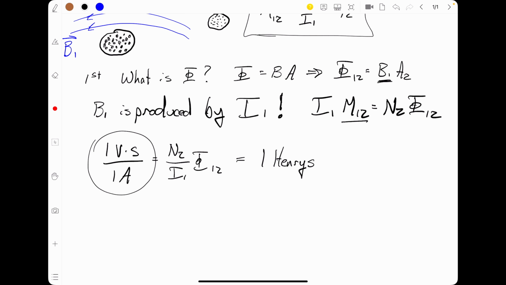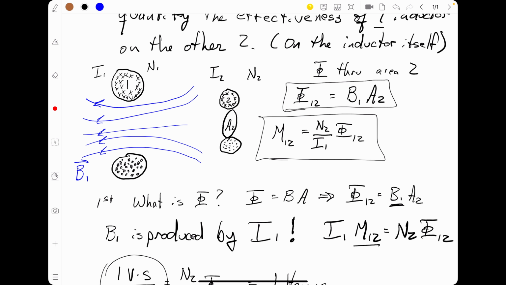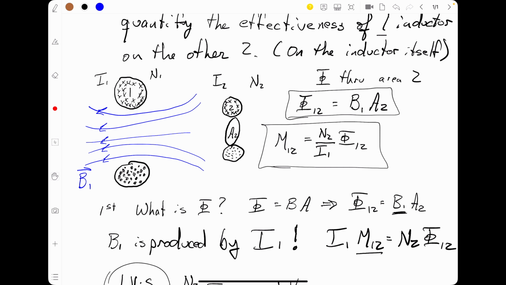Okay. However, I want to come back and emphasize something. And we kind of did this in class, and it seemed to make sense at the time, and hopefully it does now. This whole thing could be done in reverse, okay? Because we could have a B field that's generated here. Let's erase this B field.